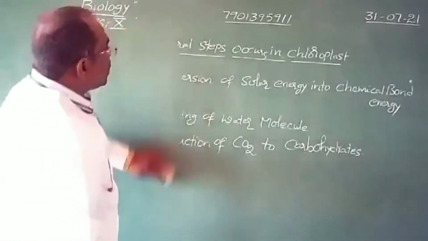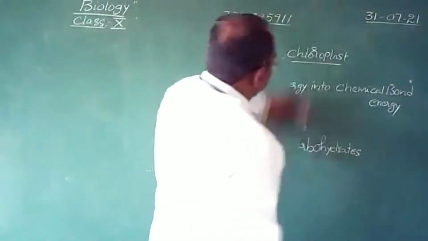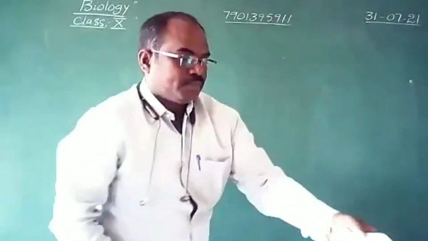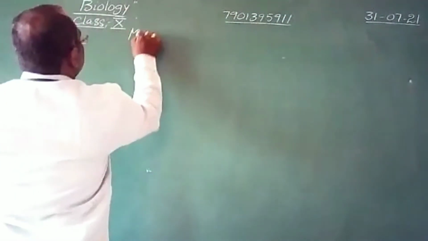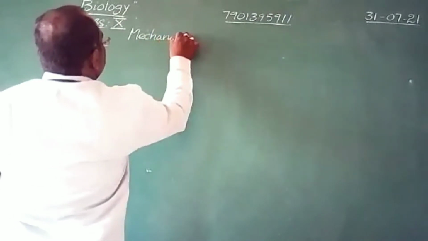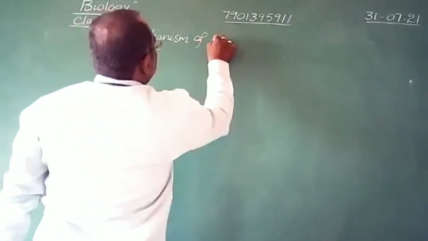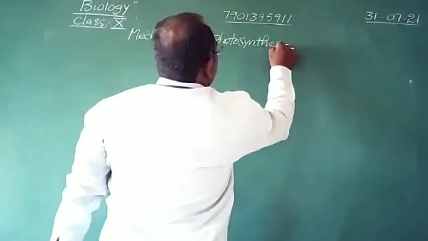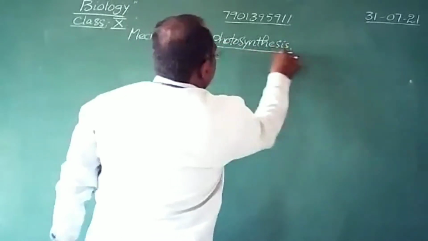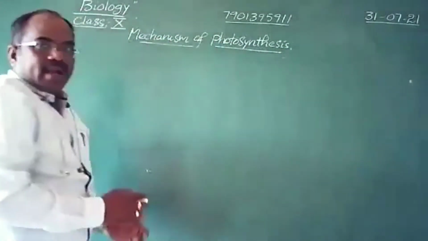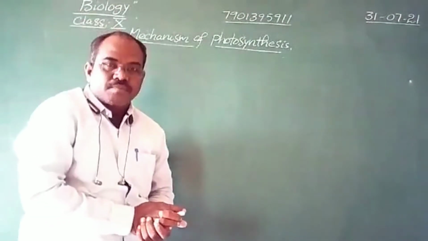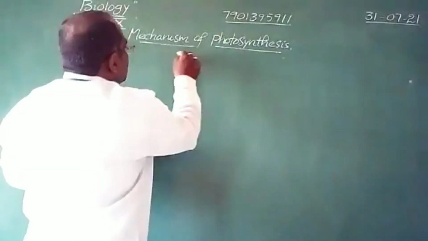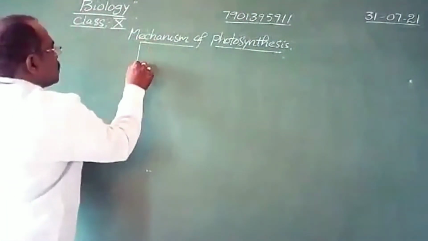Next, mechanism of photosynthesis. The photosynthesis process takes place in two reactions.